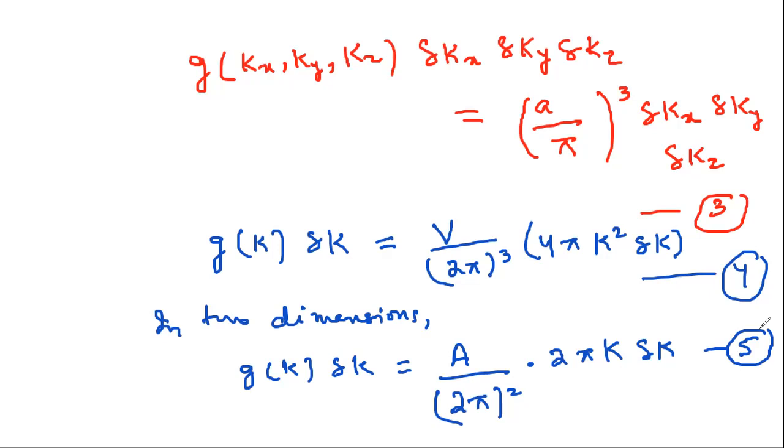This is the result, A by 2 pi square times 2 pi K delta K. So you need to check this at home. This is your home assignment. Check it.